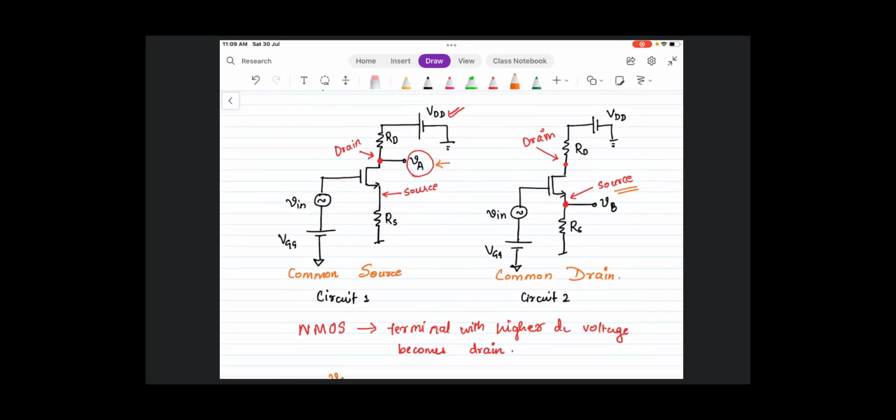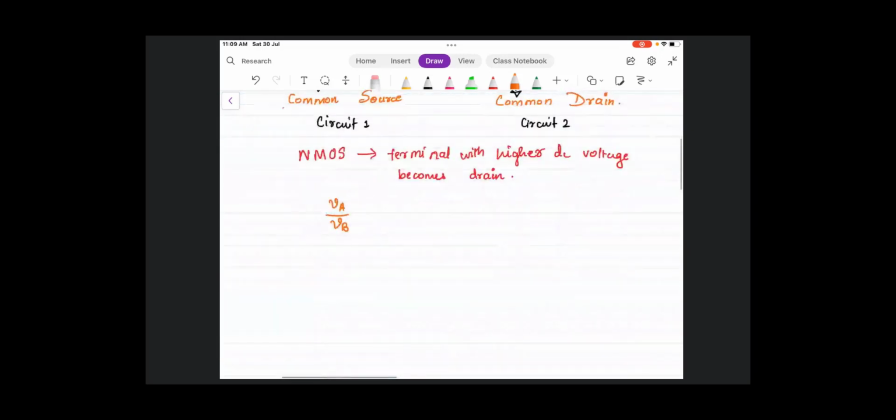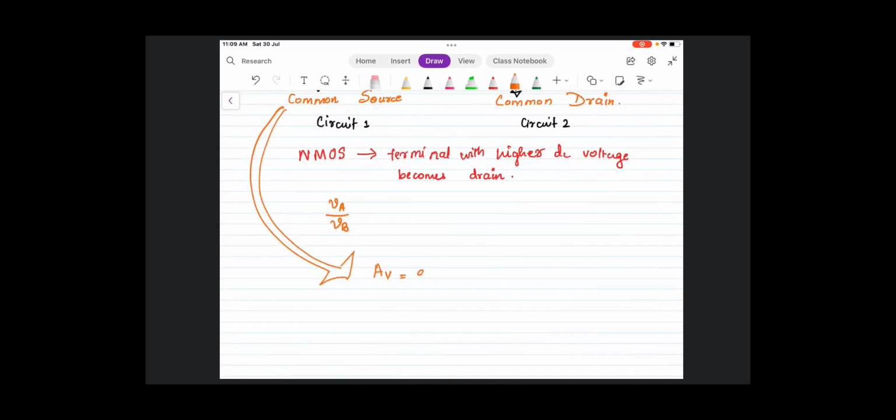In common source, what is the voltage gain? It is gm times Rout, which is nothing but RD.